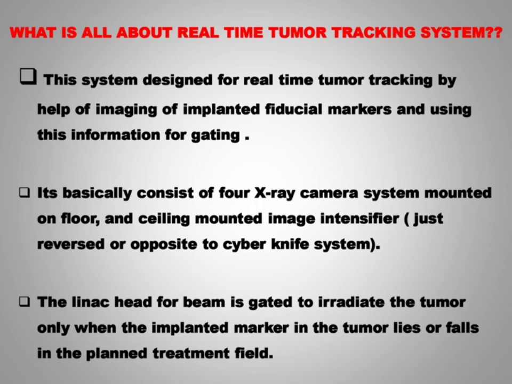You can see on the floor the flat panel detector system of the kV imaging, but on one side you can't see this thing. Basically, the X-ray source for kV imaging is mounted on the roof of this room.